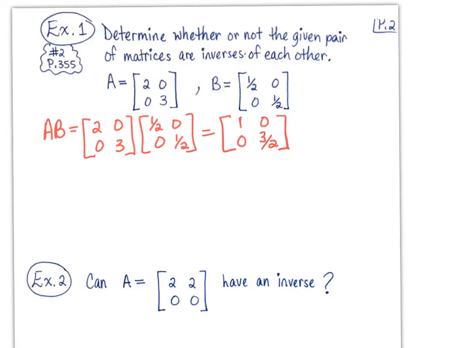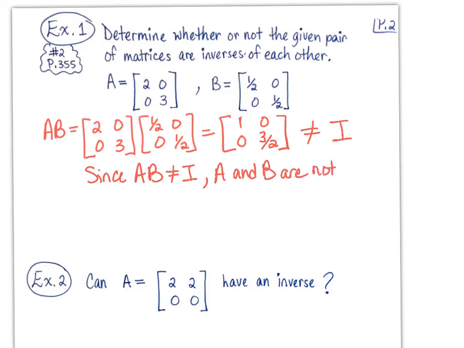Is this the identity matrix? No, it is not equal to the 2 by 2 identity matrix. So we can say, since A times B is not equal to the identity matrix, A and B are not inverses.